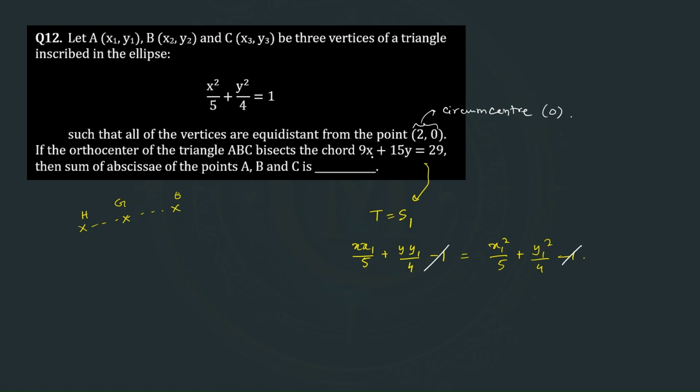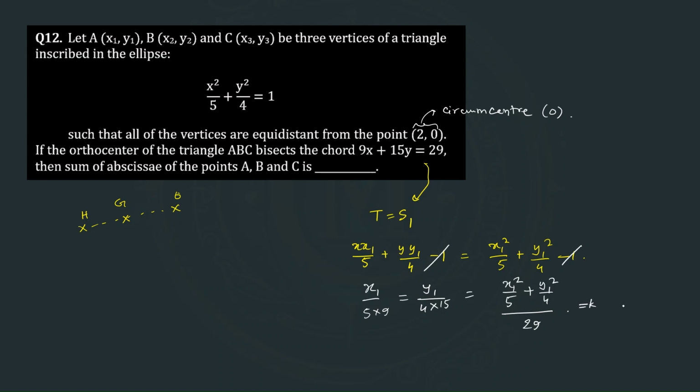Now we compare with the given chord. So x1 by 5 into 9 should be equal to y1 by 4 into 15, should be equal to x1 square by 5 plus y1 square by 4 divided by 29. Let us say all these are equal to some non-zero constant k.